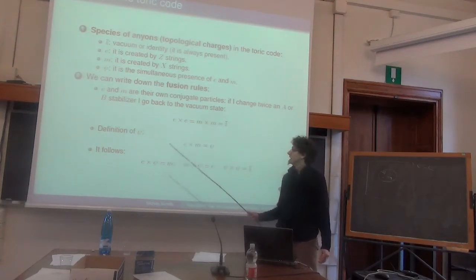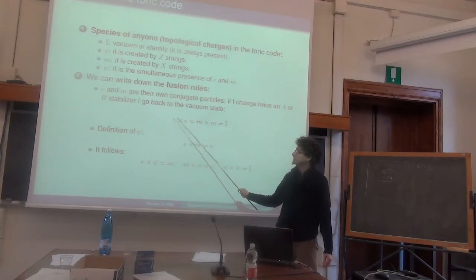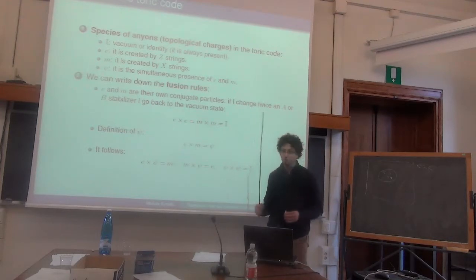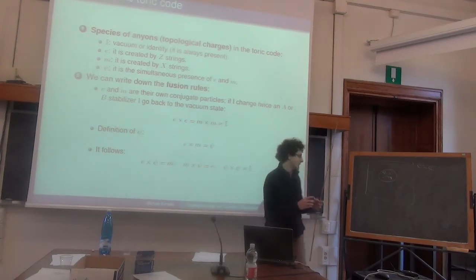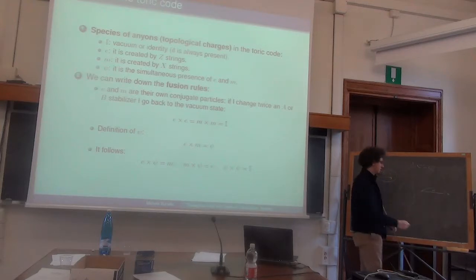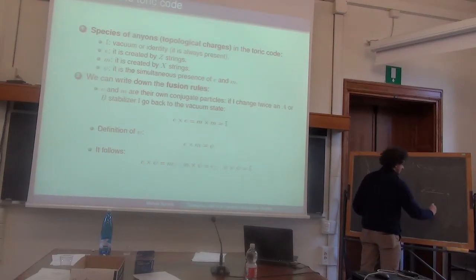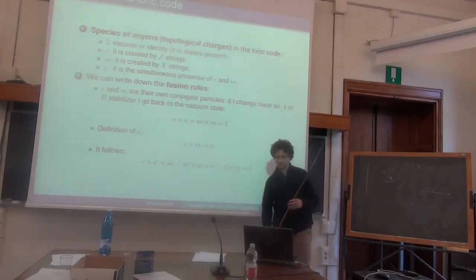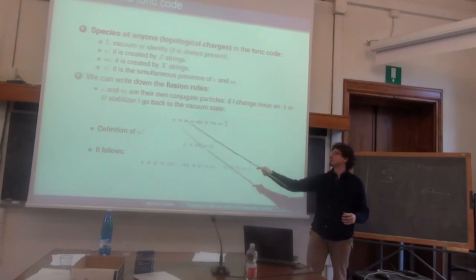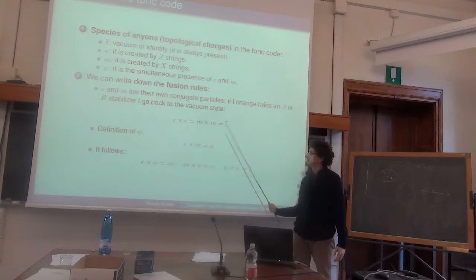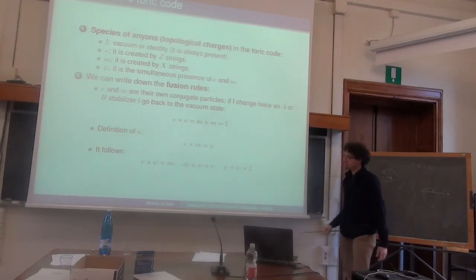And we already saw that essentially for the toric code, two electric charges may annihilate together to give me the vacuum because they are obtained from some string of the Z kind, and by applying then the same string I go back to the vacuum, or I can apply also a different sort of string and go back again to the vacuum, and the same is true for the magnetic fluxes. So in this case, these are called self-conjugate charges because applying them twice brings me only into the vacuum.